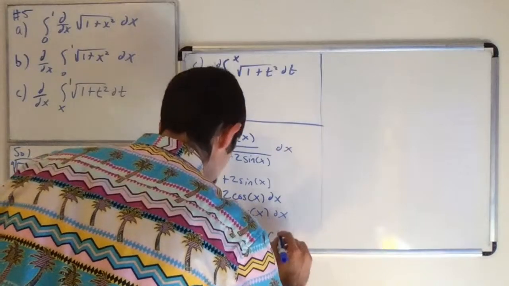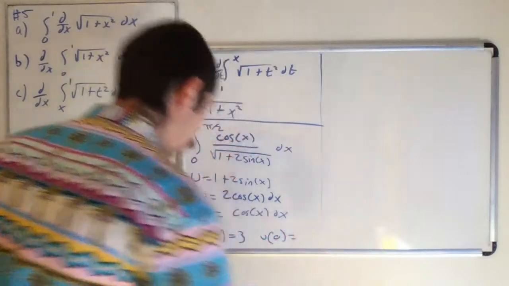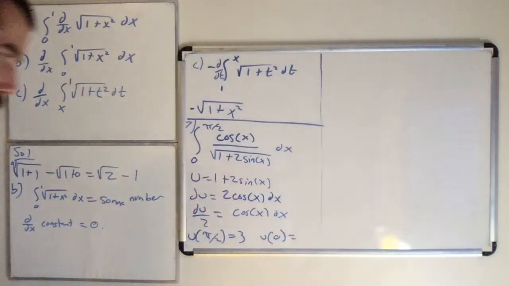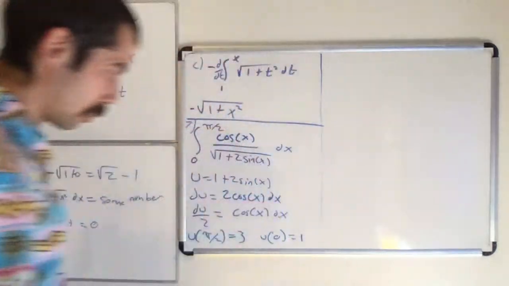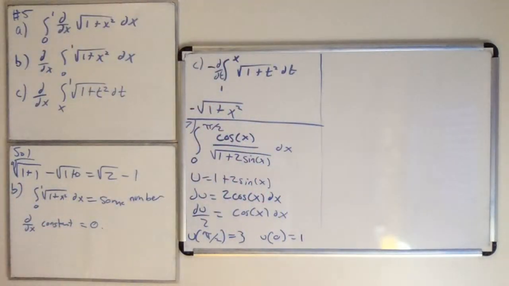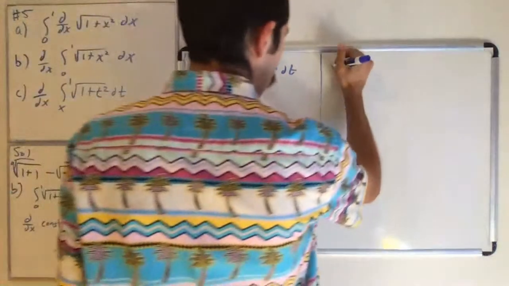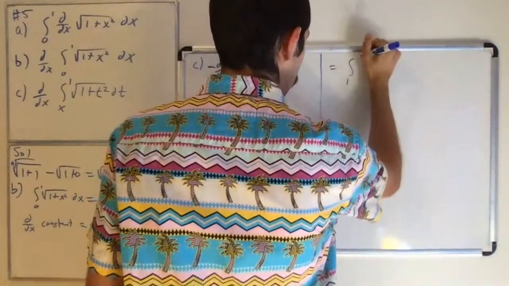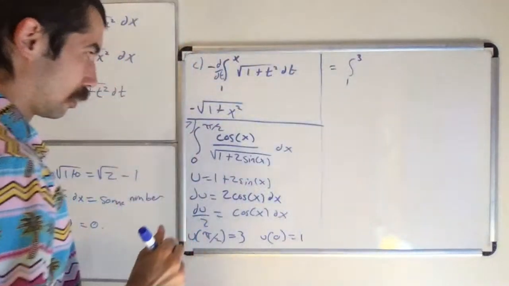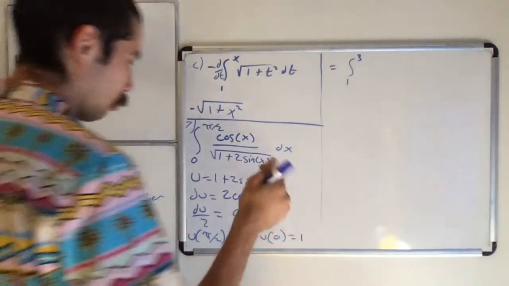Not sure why I wrote these in this order, but 1 plus 0 is 1. All right, so our integral we could rewrite as the integral from 1 to 3. We have a 1/2 on the outside.